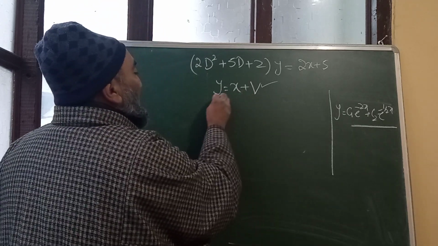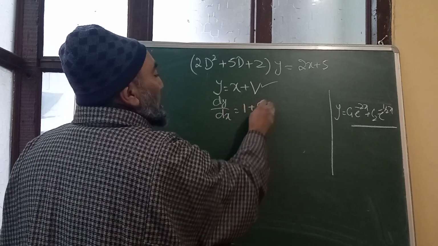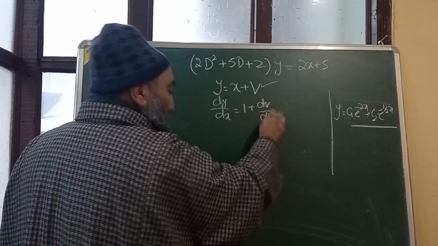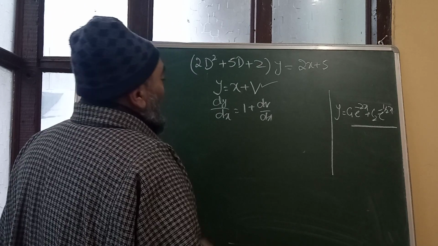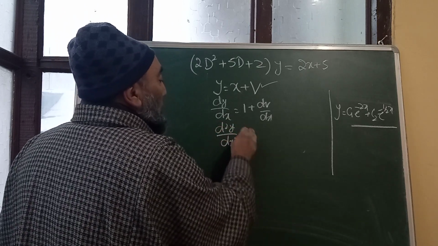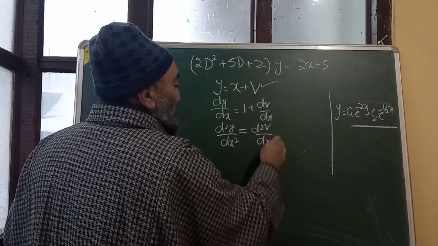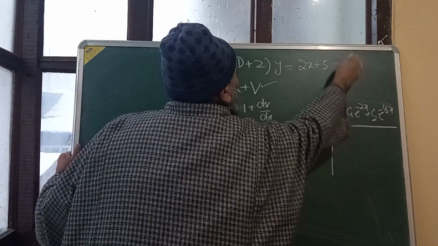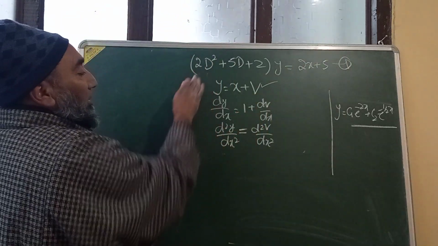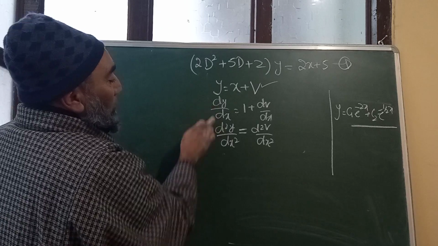Now what is dy by dx? It is 1 plus dv by dx, because v is a function of x. Now what is the second derivative? Derivative of 1 is 0. It is d2v by dx2. Now let me use these in equation 1. This equation is the same as this equation.